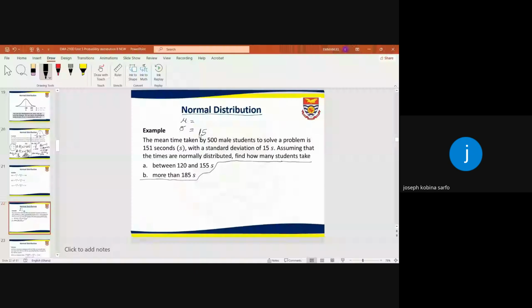The mean is 151. So these are the first two things that you have to look out for before you approach this question.